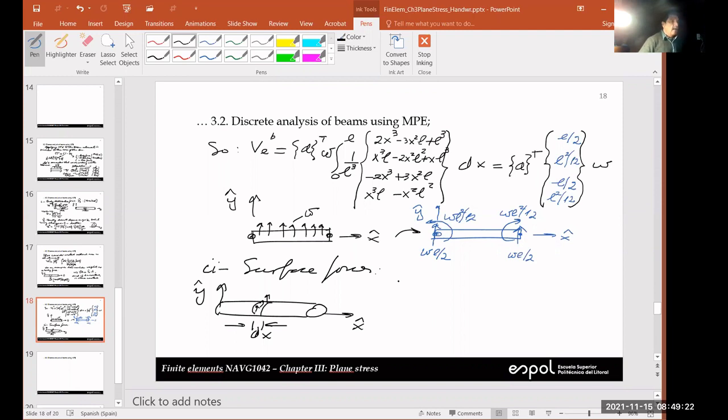Okay, in this case, we said the force per unit area is going to be traction, in the local y direction, that's there. So this is force per unit area. Remember the difference between this and the other one is that this one is contact.